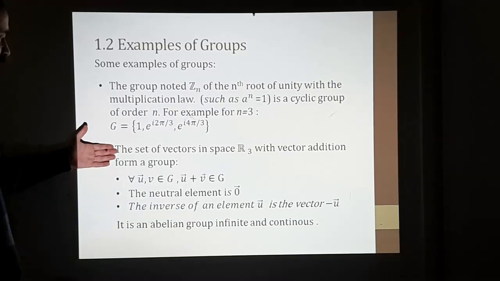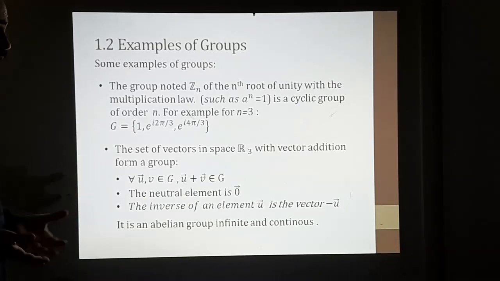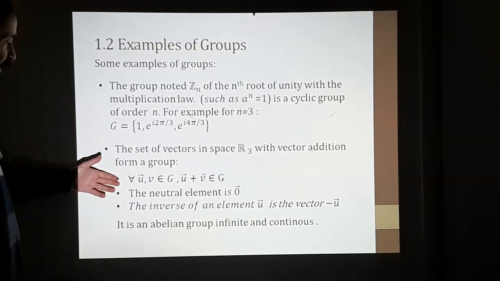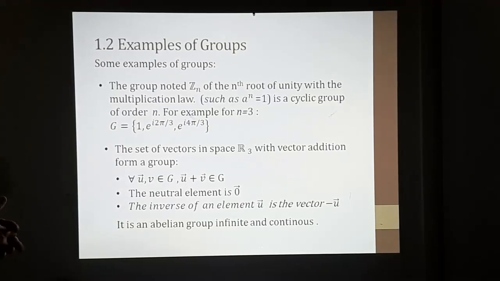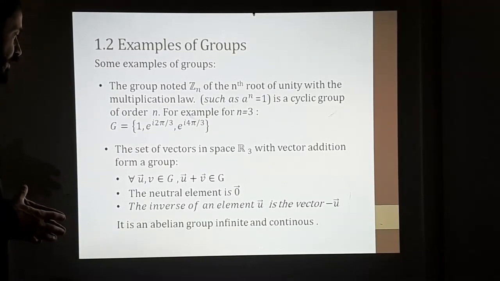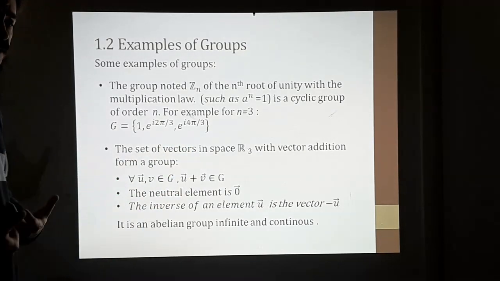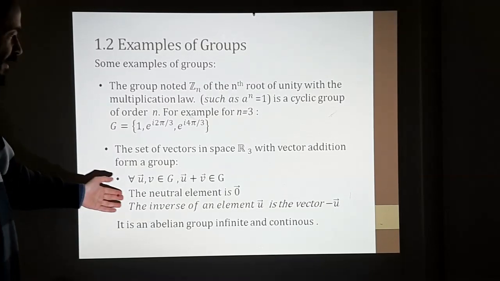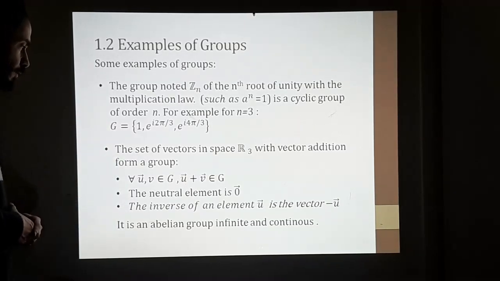Now, if I consider the set of vectors in 3D space, with the law of vector addition, this forms a group. No matter what vectors belong to the set of vectors in three-dimensional space, the sum of the two vectors is a vector, and so it belongs to this set. The neutral element in this case is 0: u plus 0 is equal to 0 plus u is equal to u.